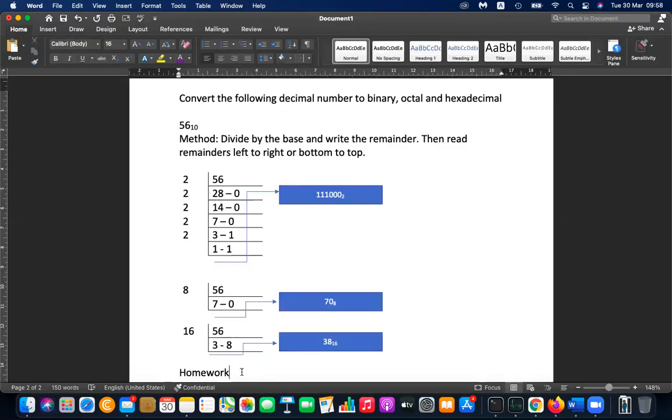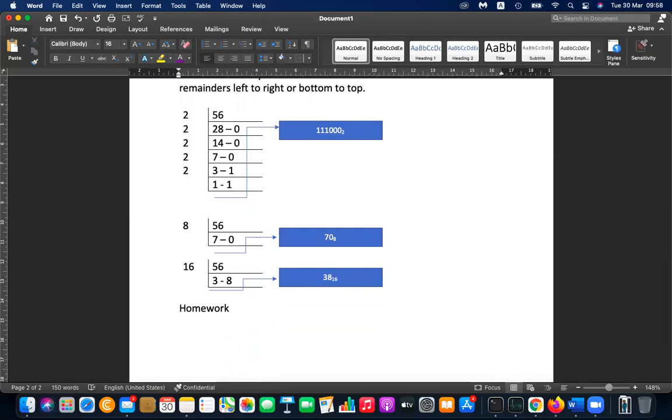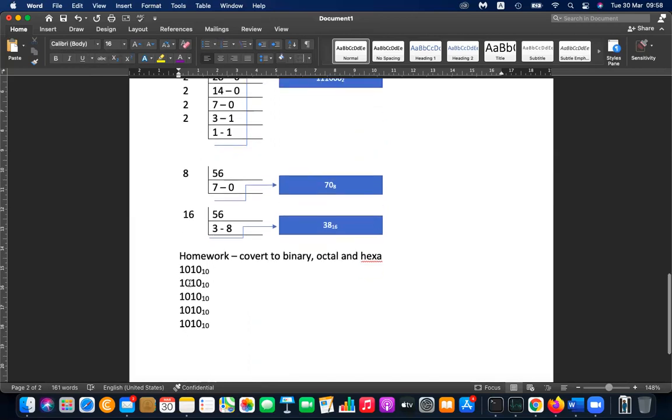So for homework, what you have to do is convert these numbers to binary, octal, and hexa. These are the questions. The first one, convert to binary. The second one, 8192.